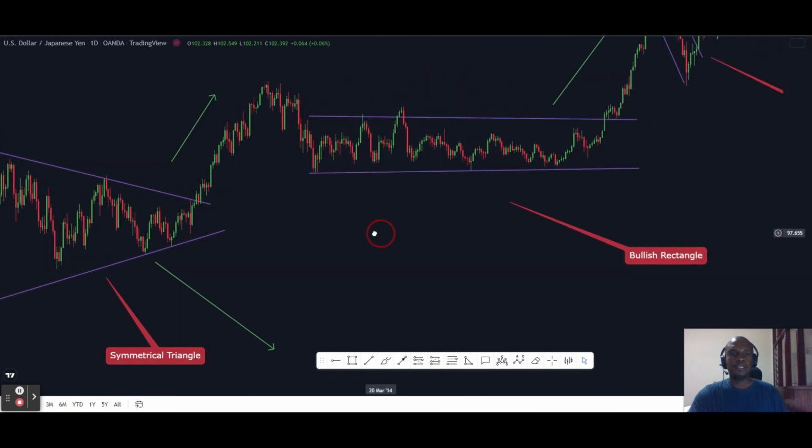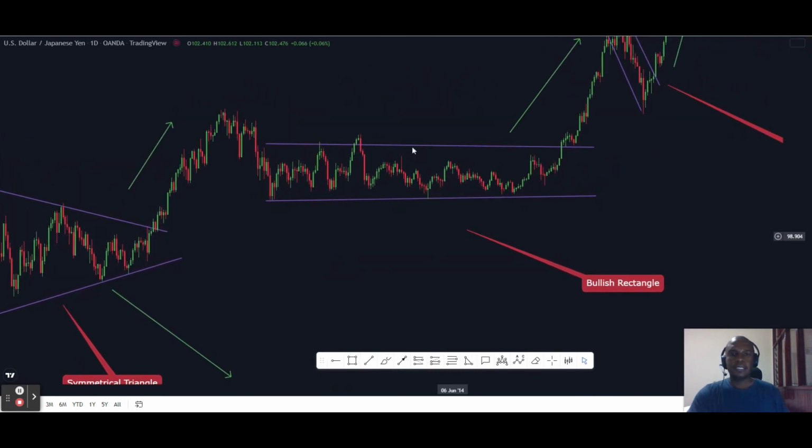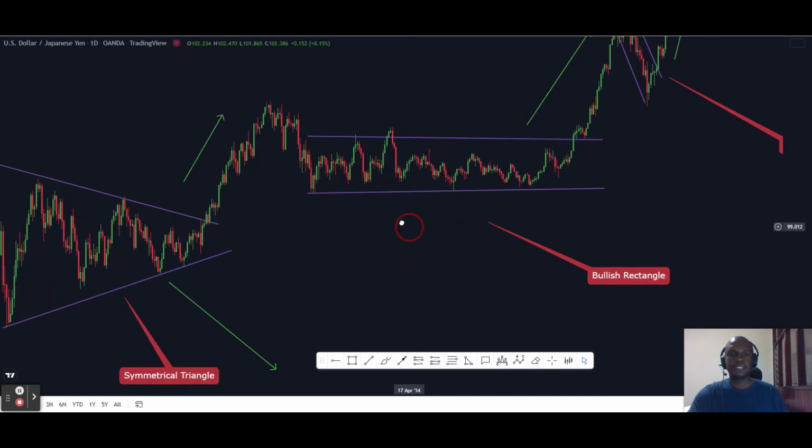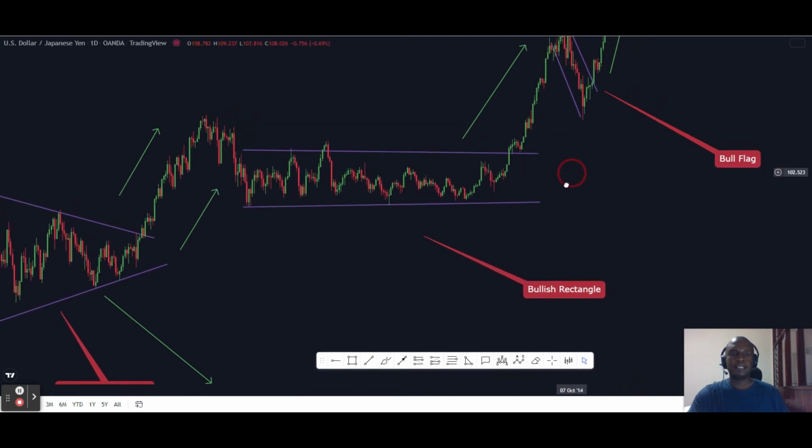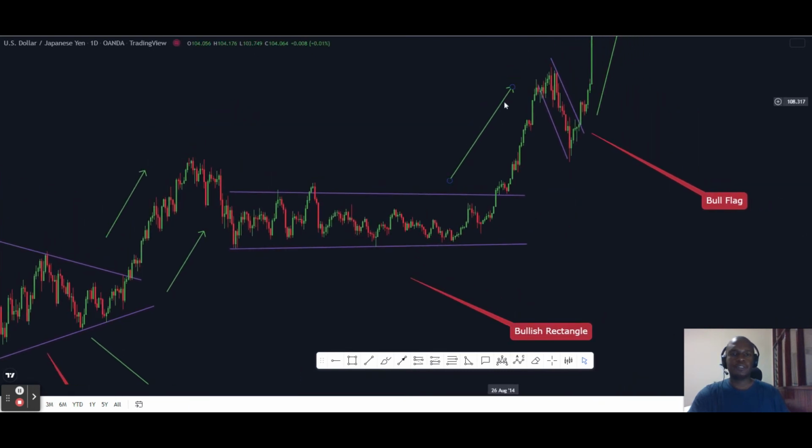So we go in and now see that this is actually a bullish rectangle where you see the move to the upside, and now after that there is consolidation where it is locked in a rectangle, and there's continuation.